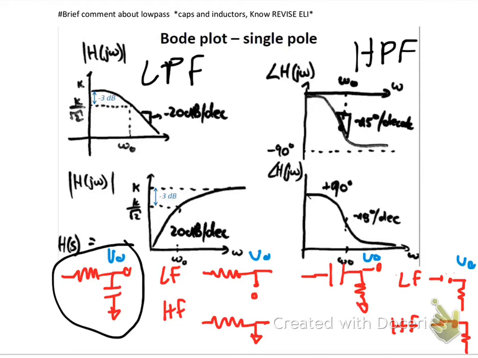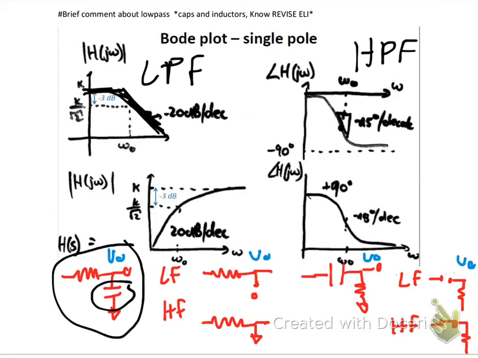That's why we always use capacitors to do the low pass and the high pass, but you can also use inductors. With your low frequency, because your capacitor is open at DC, you get a voltage output, and at high frequency it becomes a short, so that's why it starts cutting off there.